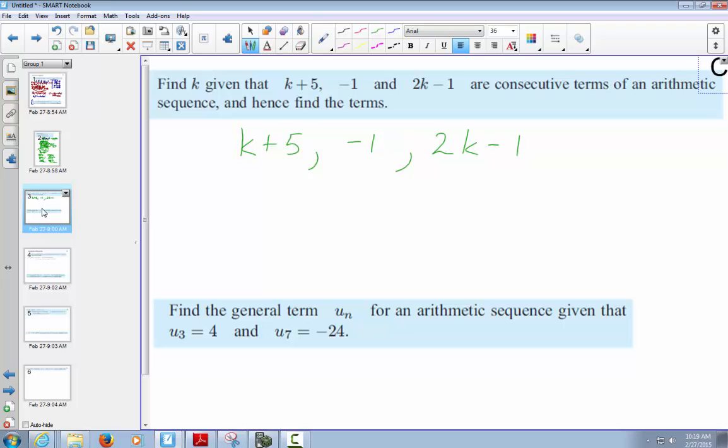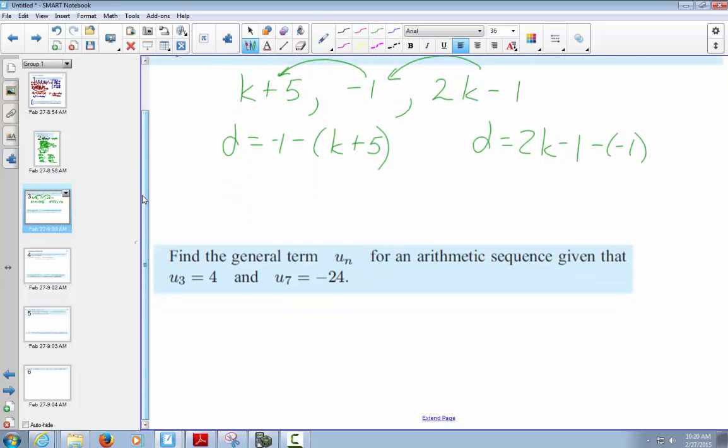Well, d is going to equal negative 1 subtract k plus 5. Okay, so this subtract this. Well, the same is going to work for this. D is also going to equal 2k minus 1 subtract negative 1. Simplify a bit.